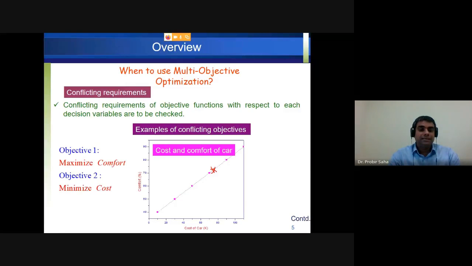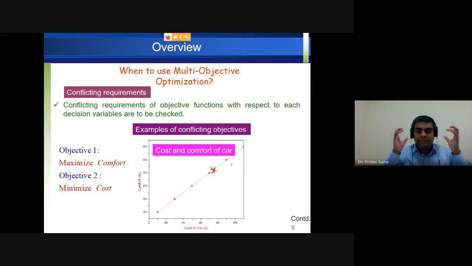So you can understand that along this line you have plenty of solutions. So this is multi-objective, and you have plenty of solutions, and I cannot say which solution is better than which. It depends on the choice of the customer.